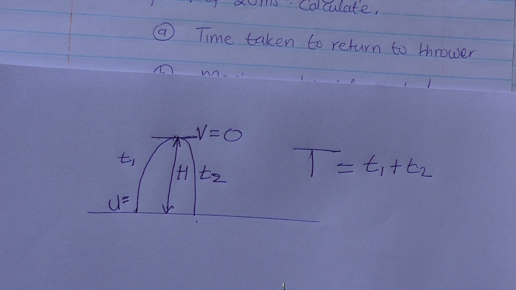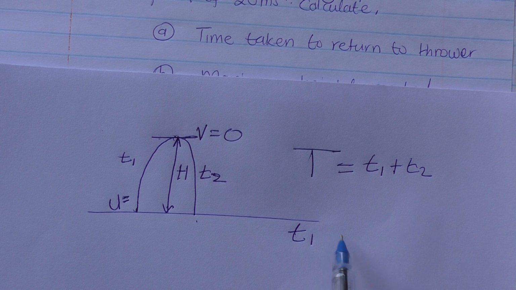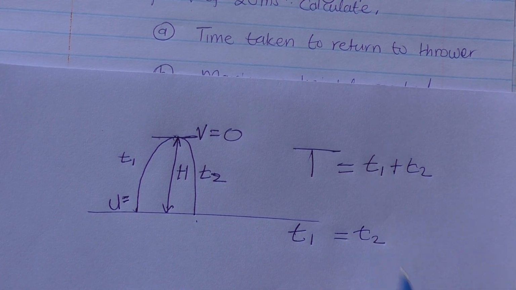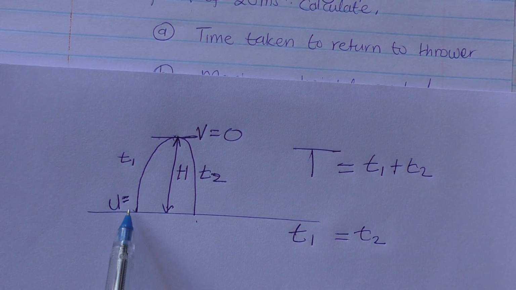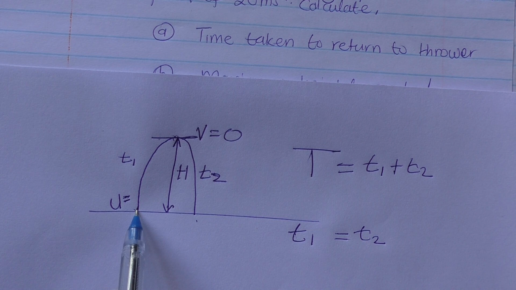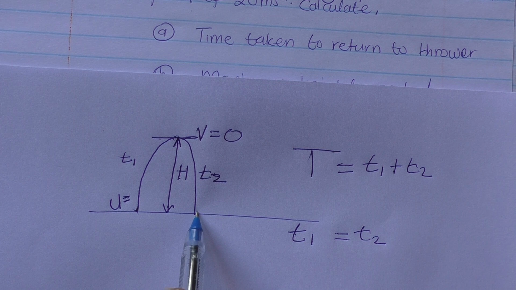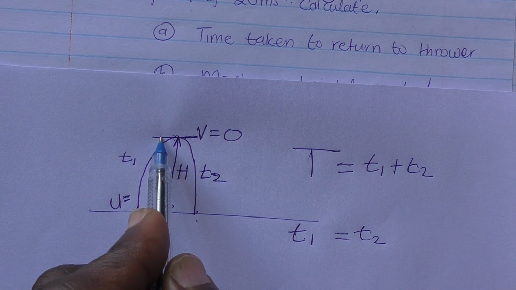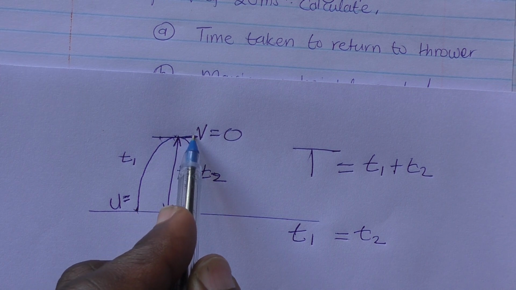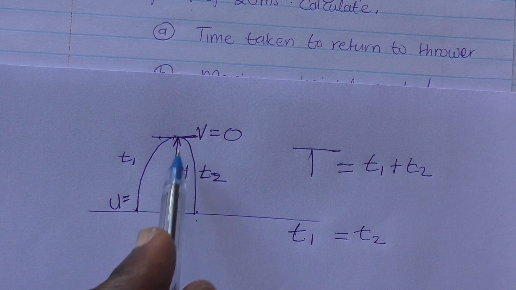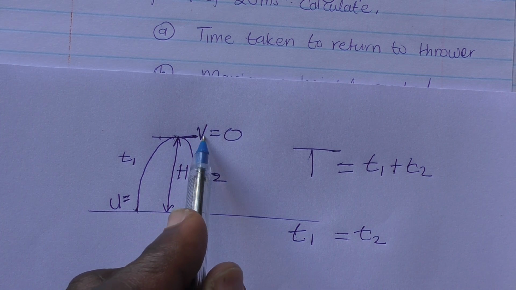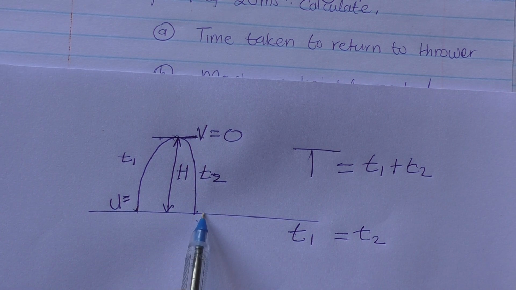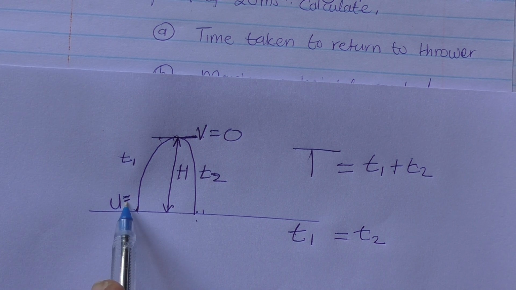But surprisingly, t1 should be equal to t2. Why? Because the initial velocity here becomes the final velocity here. So as the velocity goes on decreasing up to 0, then on reaching the maximum height and returning back, the velocity goes on increasing from 0 until the value that it had before.